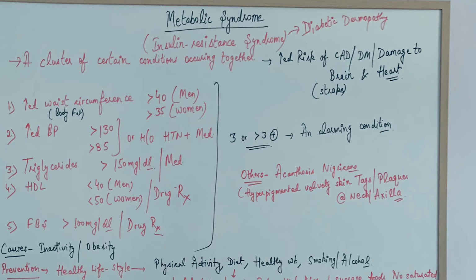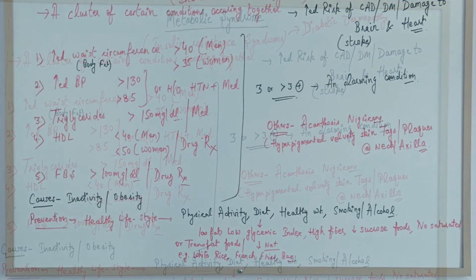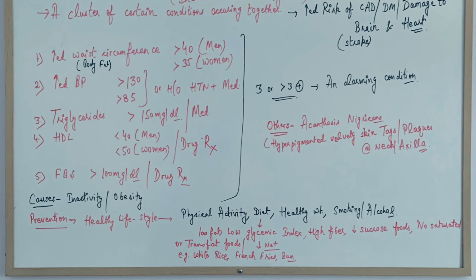We should take low fat foods, having low saturated fats or trans fats. And we should decrease the carbohydrate content, and in carbohydrates, the main thing is to check the glycemic index. So we should consume foods which have a low glycemic index.